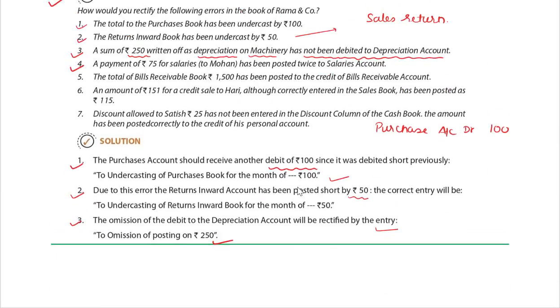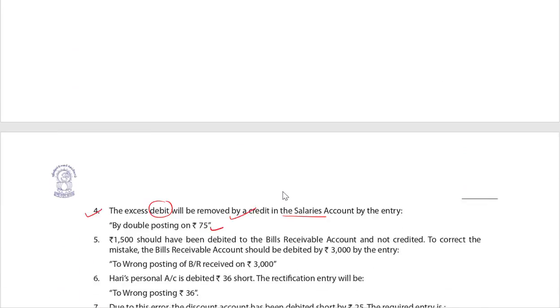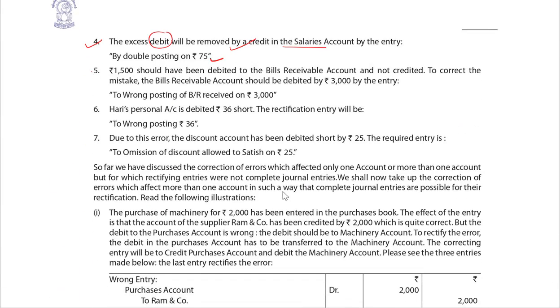Let's see the fifth one. A total of bills receivable 1500 has been posted to the credit of bills receivable account. I believe you understood. 1500 should have been debited to the bills receivable account because bills receivable account is an asset and not credited.